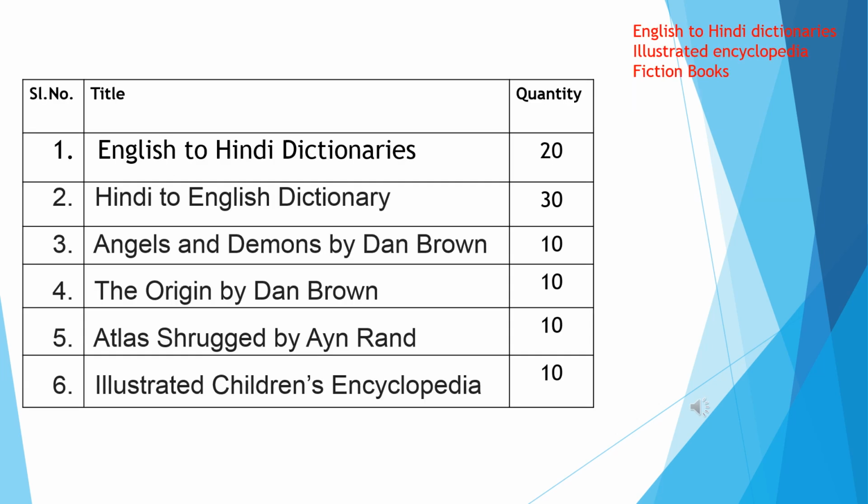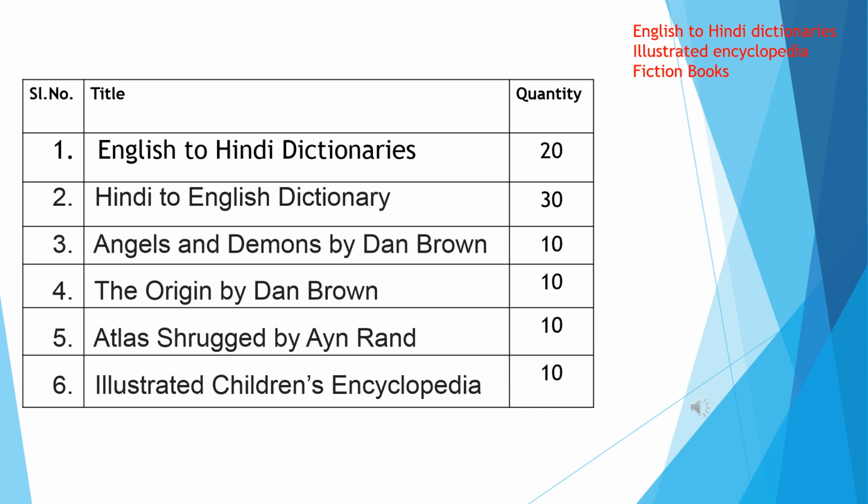Next comes the ordering part, the books you need. It's always better to give it in the form of a table. Here you can see serial number, title, quantity, 5 or 6 items you can give here. English to Hindi dictionaries, it was there in the question paper. English to Hindi dictionaries, 20 numbers.